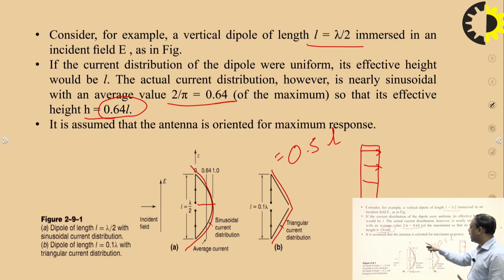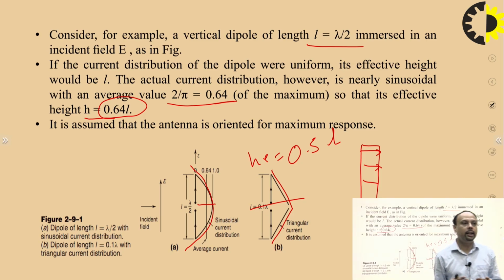So the effective height is actually half when the current distribution is triangular. So the current distribution also affects the effective height of the antenna, and for different current distributions the value changes. For the linear or constant current distribution, it is equivalent to the height of the actual antenna.